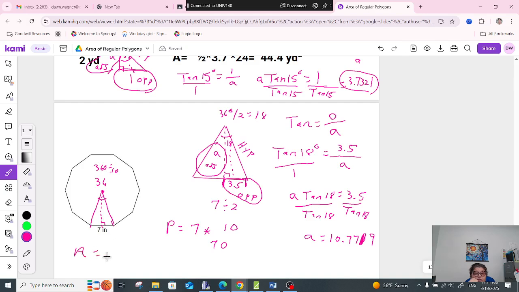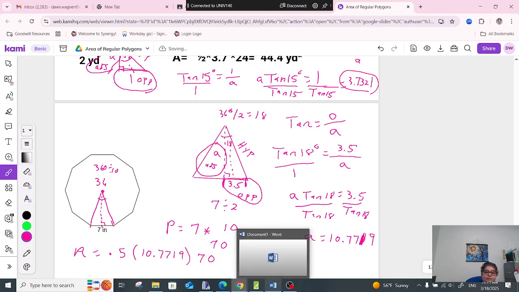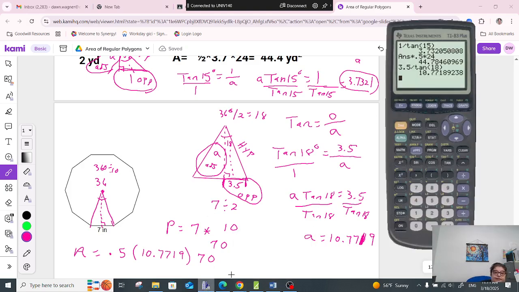Area equals 0.5 times 10.7719 times 70. And then we can round to the nearest tenth so we don't get rounding errors by rounding way too early. 0.5 times 10.7719 times 70.